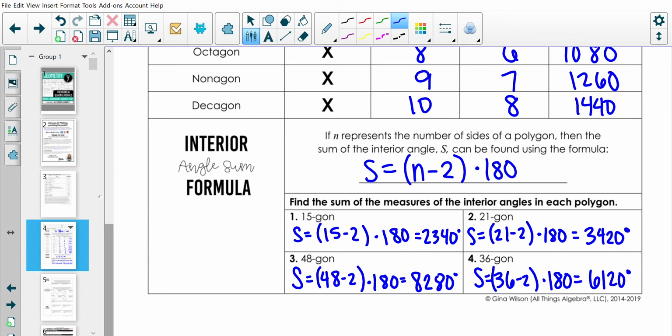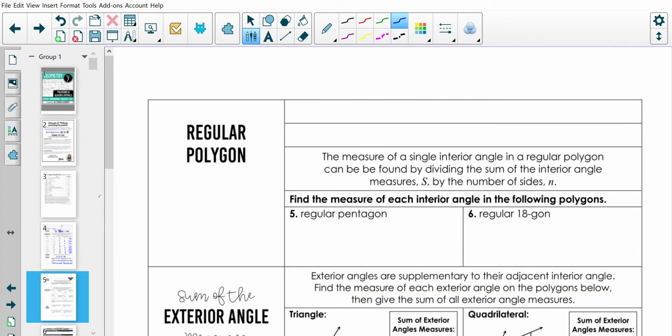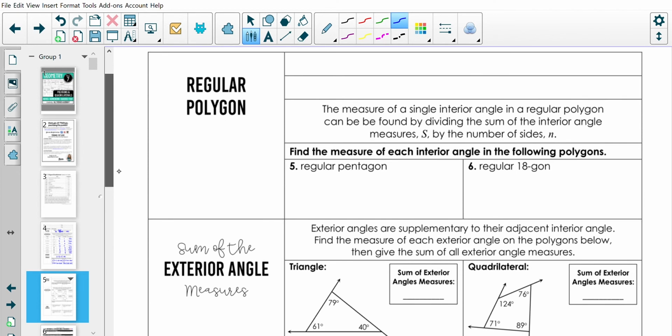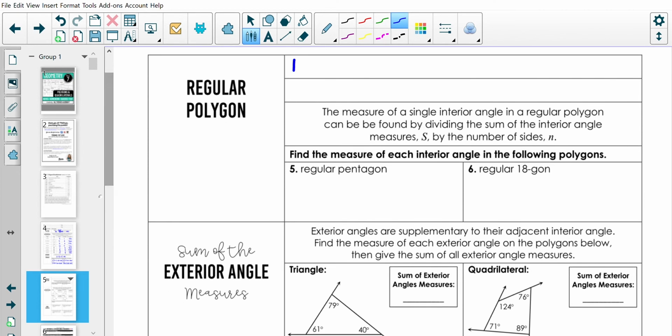Flip it over. Switching it up. A regular polygon is a polygon in which all sides measures are congruent.